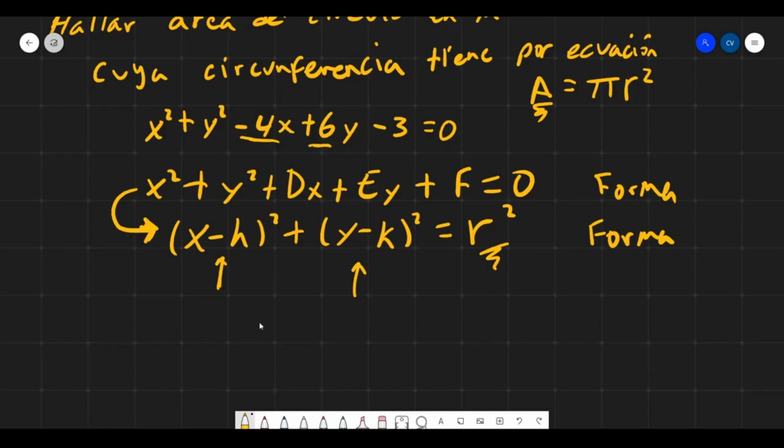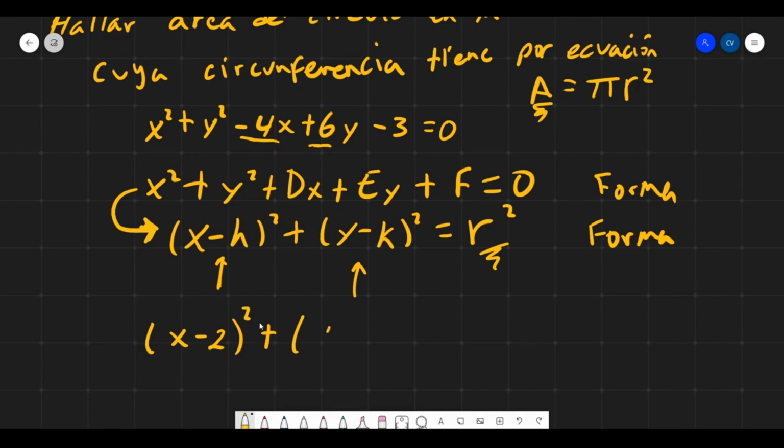Therefore, the first binomial will be x minus 2, and this will be squared plus y. Now, you can see here plus 6, the coefficient that y has, which is 6, so if I divide it by 2, then I have y plus 3 squared, and this will be equal to r squared.